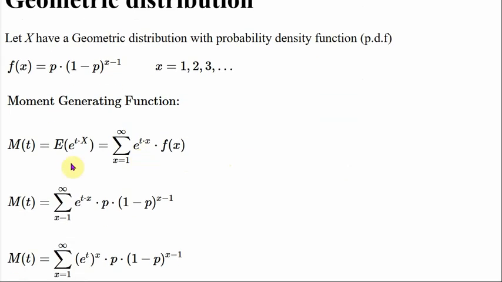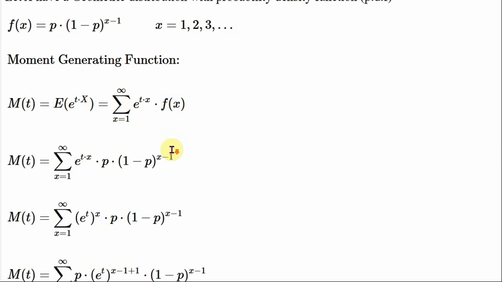The moment generating function is going to be expected value of e to the tx, which is the infinite sum from 1 to infinity of e to the tx times f of x. F of x is p times 1 minus p to the x minus 1.